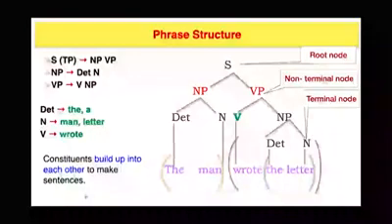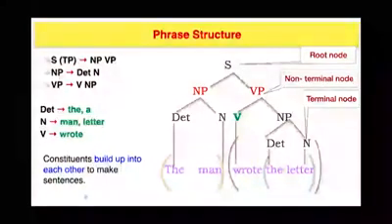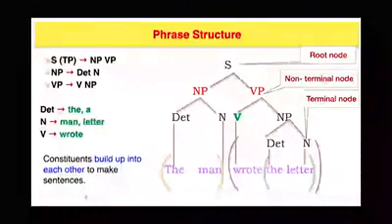If we go to the non-terminal node, which is the VP, in VP we find a verb and a noun phrase. The verb is wrote and the noun phrase is broken down into a determiner and a noun. The determiner is the article the, and the noun is the letter.